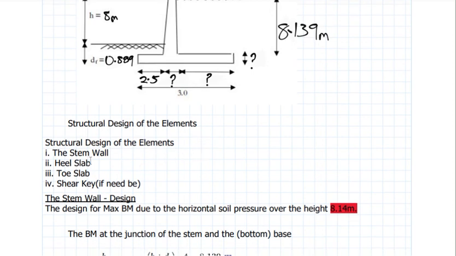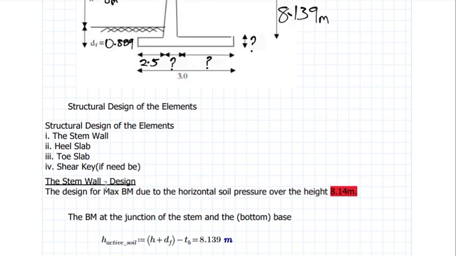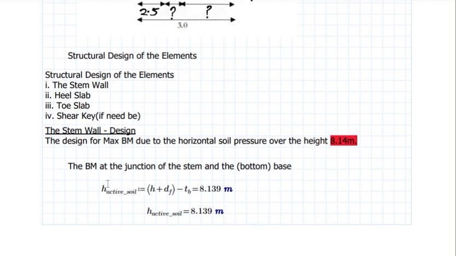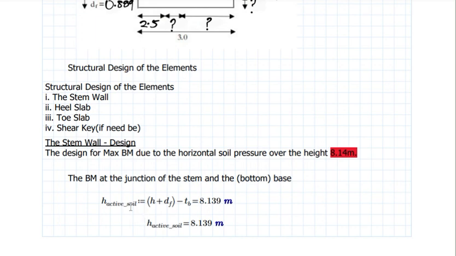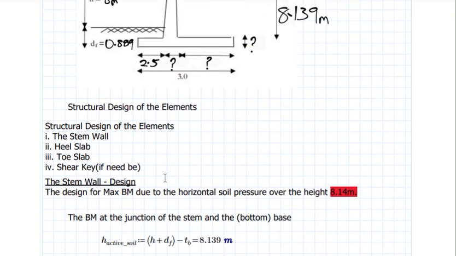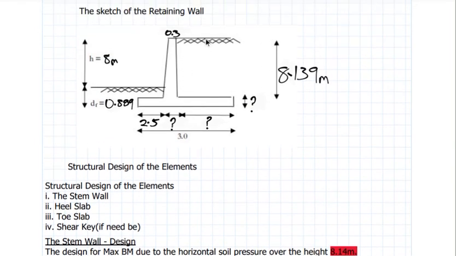So firstly, we are trying to design the stem wall. Before we can actually get the stem wall thickness or the design at all, we need to attain this height, from here to this place.